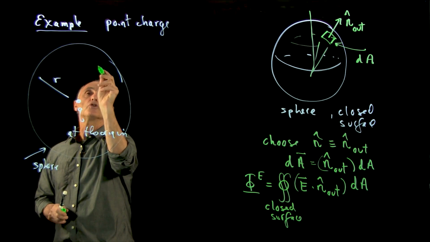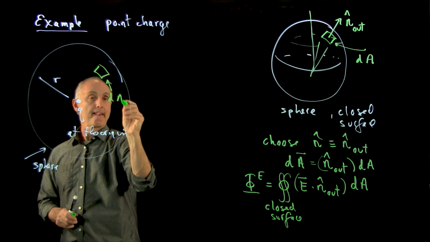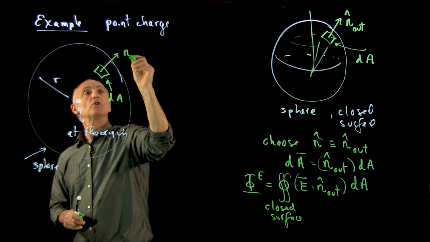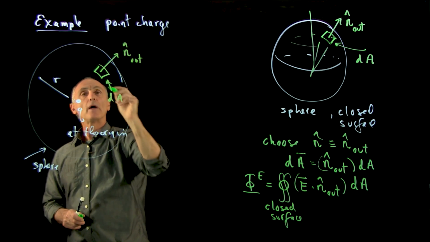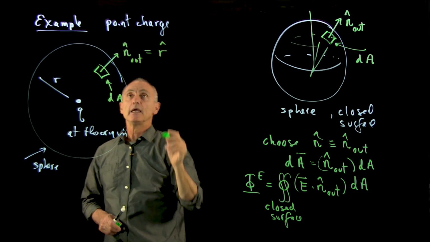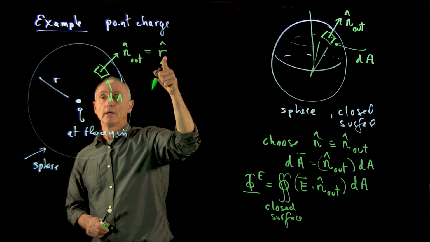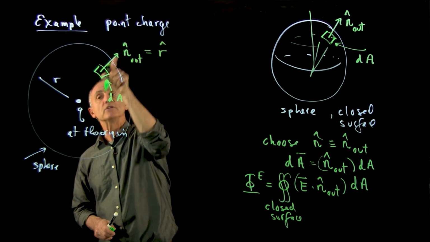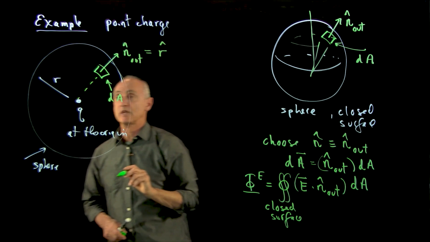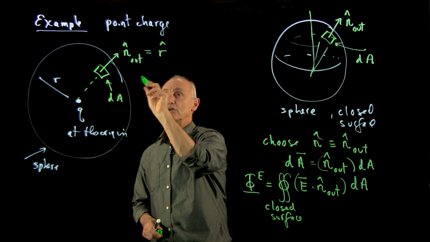Well, I'll choose my dA, and I'll choose my unit normal out. Now, I'm going to choose a coordinate system in which the unit normal out is in the outward pointing radial direction. So r hat points away from the center. Now, here's where the physics comes into this calculation.